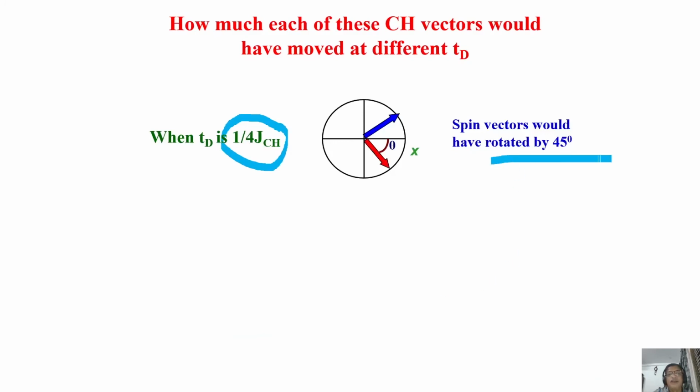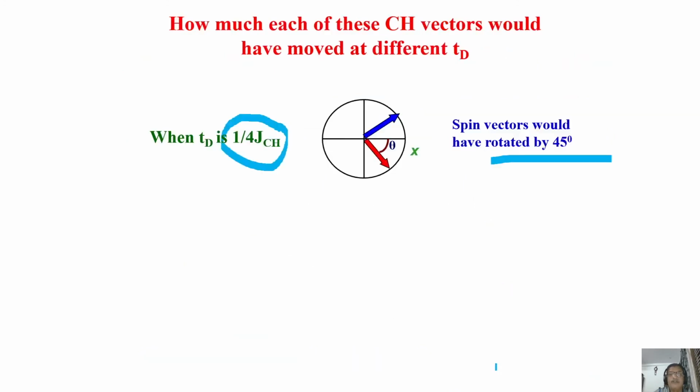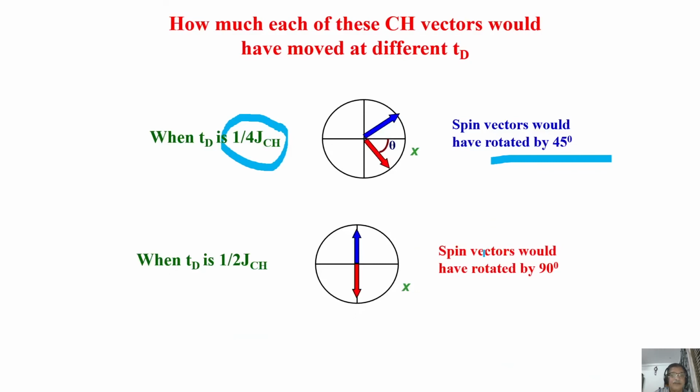It has moved by 45 degrees. Pi radians is 180 degrees, so pi by 4 is 45 degrees. It is exactly moved by 45 degrees when TD is exactly equal to 1 over 4J.